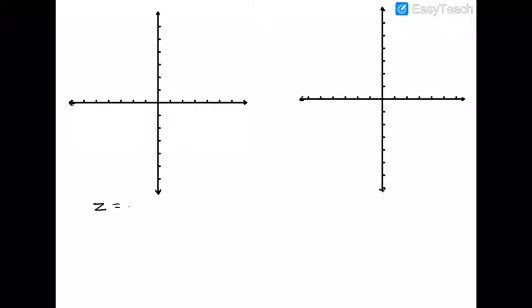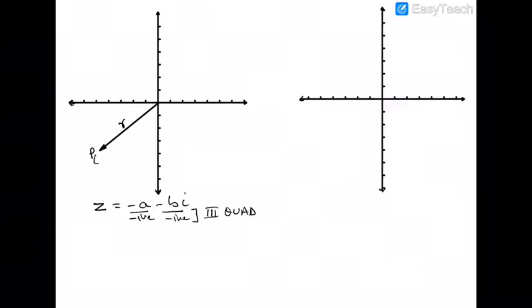Now for z = minus a minus bi. As we can see, both are negative, so they will fall in the third quadrant. Now this line segment can make an angle with the positive real axis in two different ways, one clockwise and one anti-clockwise.